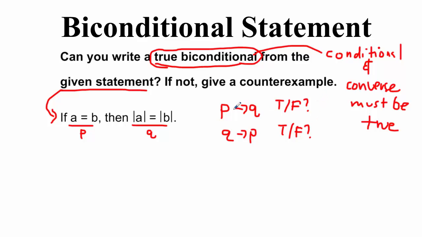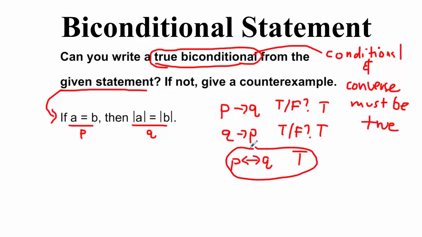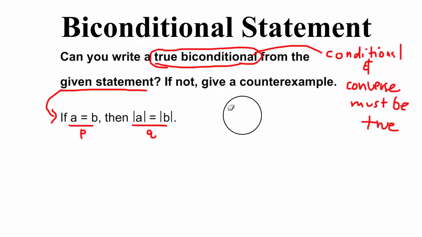But if my conditional is true, then I have to write the converse and check if that's also true or false. If they both happen to be true, then the biconditional, P if and only if Q, is true. So this is all dependent on whether these two are both true. So that's the idea behind it.